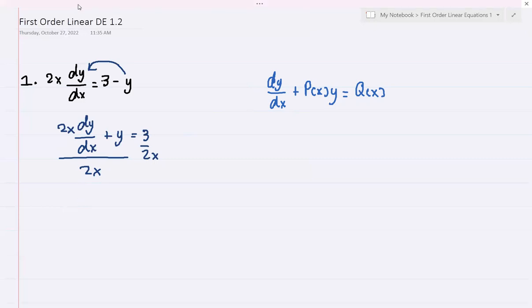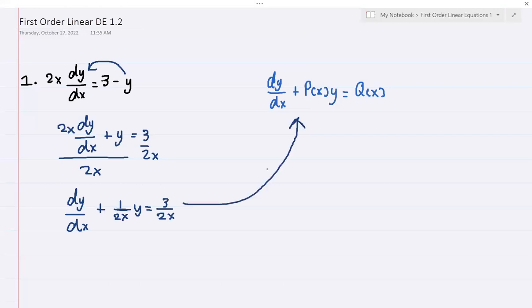As a result, we will have dy all over dx plus 1 all over 2x, times y, is equal to 3 all over 2x. So this is already in standard form.